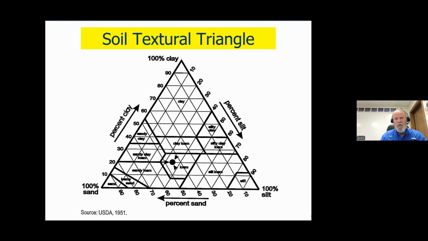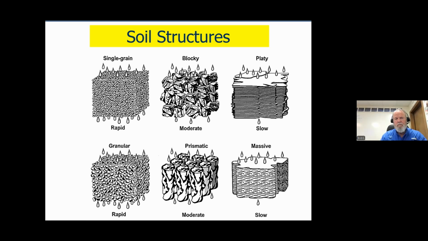You also want to look at the structure of the soil. Single grains are rapid, like sand and gravel, but the water may move too quickly through it. Blocky or prismatic soils are usually better. They're moderate in the amount of water that moves through them.